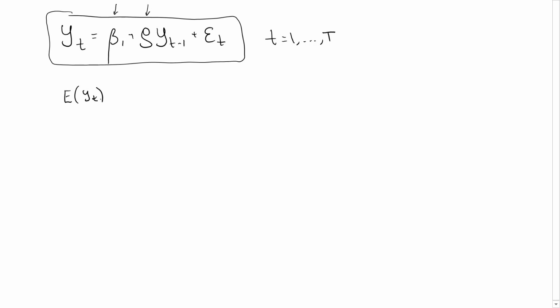So let's see if we can figure this out, the expected value of yt. Remember, we have assumed that this is a stationary process, so the expected value of yt must be the same as the expected value of y for any other time period. It must be constant. Well, this is just the expected value of the right-hand side.